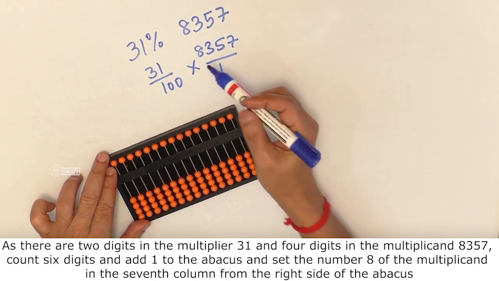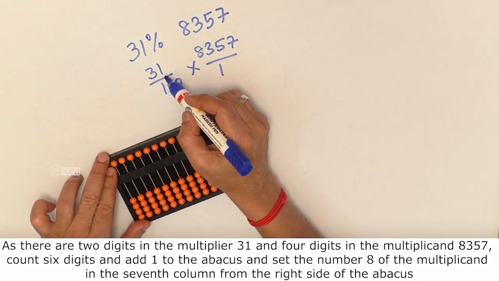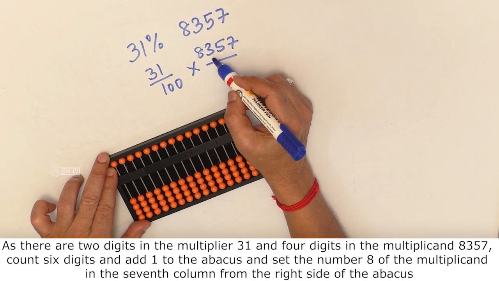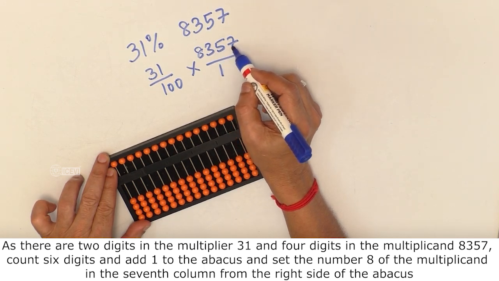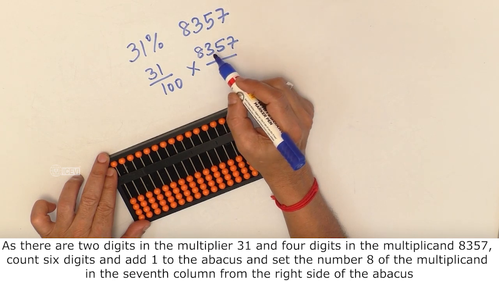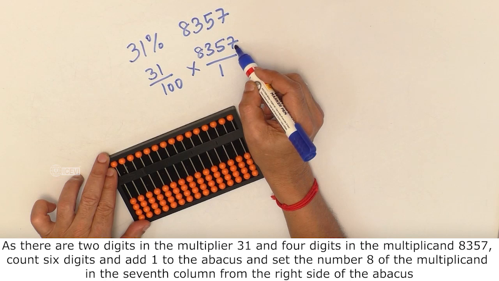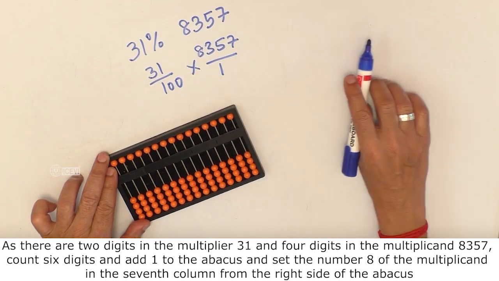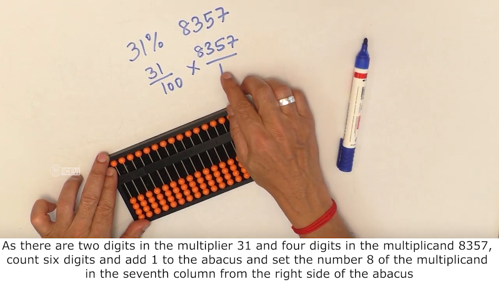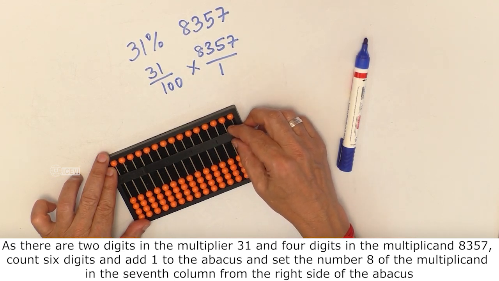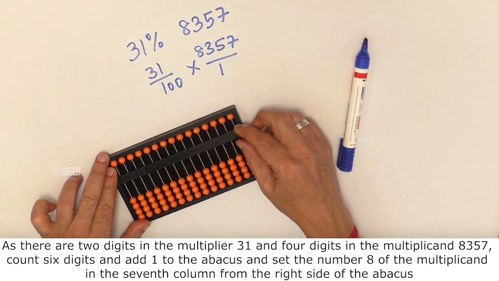As there are two digits in the multiplier 31 and 4 digits in the multiplicand 8,357, we have to add 1 to the respective digits, and therefore we have to set the multiplicand from the 7th digit from the right side of the abacus.